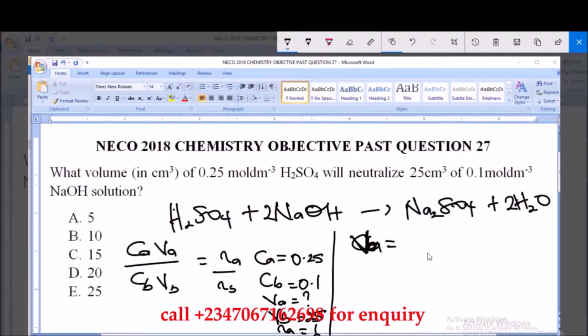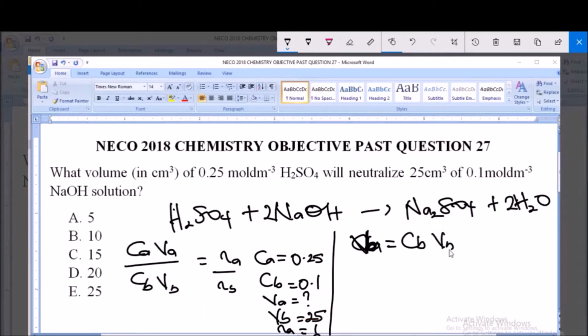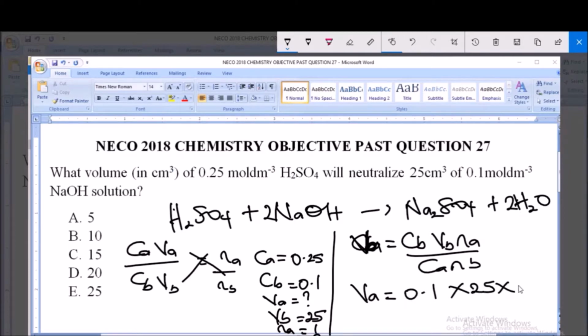So from that we can say Va is equal to Cb Vb Na over Ca Nb. That's from this equation, so we've made Va the subject of the formula by cross multiplying. So Va, the volume of the acid, which is what we're looking for, is equal to 0.1 multiplied by 25 multiplied by 1 over 0.25 multiplied by 2.